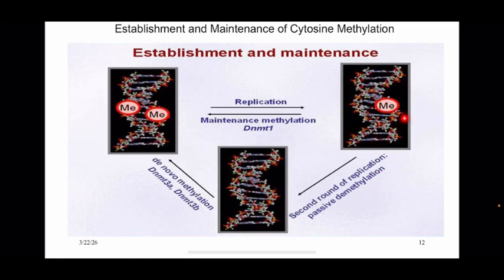So what if it's not restored and it goes on to do a second round of replication? The strand without the methyl group will form a daughter cell with no methyl groups. But even though this is an unmethylated allele, it still has a history of being methylated in the past. Its ancestors were methylated. So this one will be affected by DNMTs. We can have de novo DNMTs that can methylate this into a fully methylated structure.